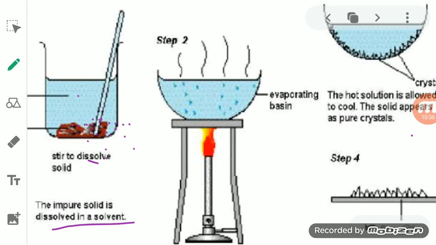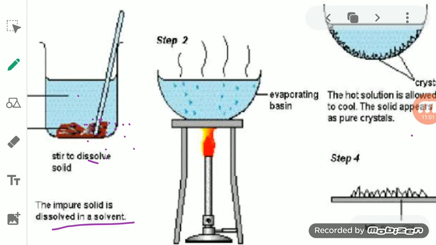The filtrate obtained after filtration is almost a clear solution. Maybe the filtrate contains other impurities too, but since it passes through the filter paper, we call it a clear solution.